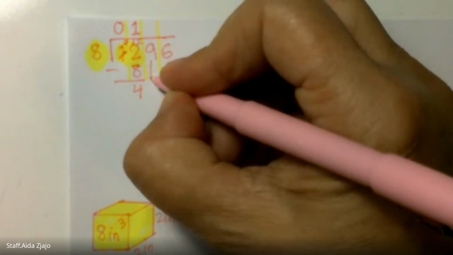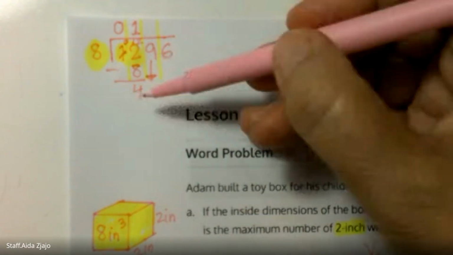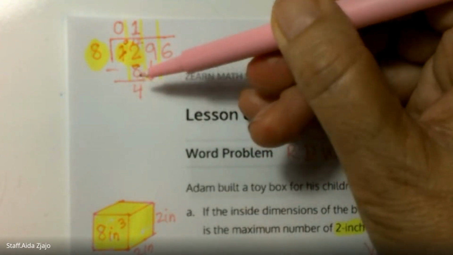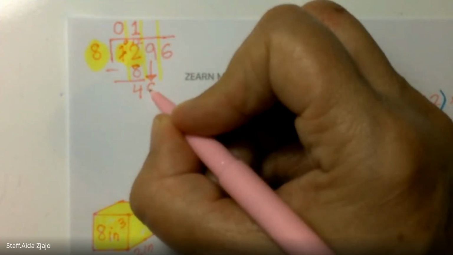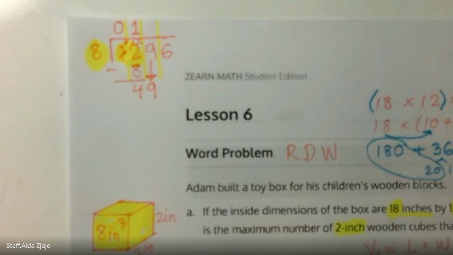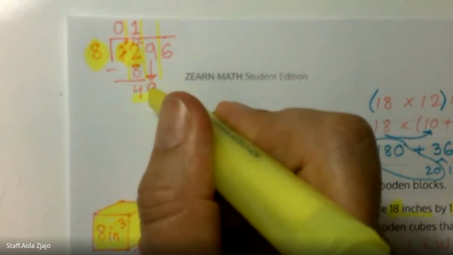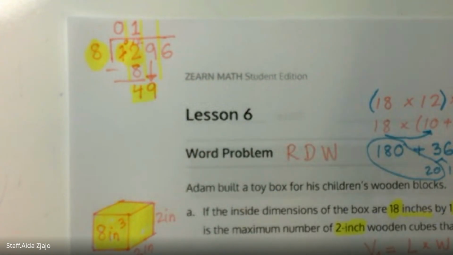Then I will bring down, what that means is that you have a 400 left. Now you're bringing down the tens, so you will have now 49 tens. And then you can think, okay, if you have 49 tens, how many groups of 8 you can create.